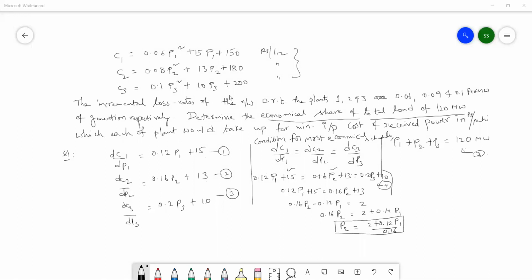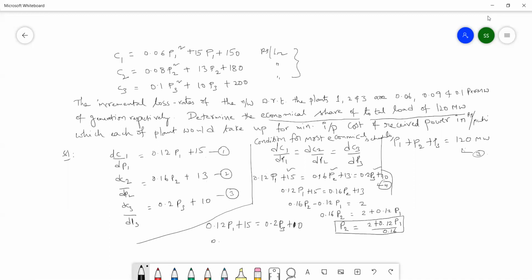Now similarly, you can equate another pair of equations. We can equate 1 and 3, so that P3 comes in terms of P1. That means the first equation and the third equation: 0.12 P1 plus 15 equal to 0.2 P3 plus 10.